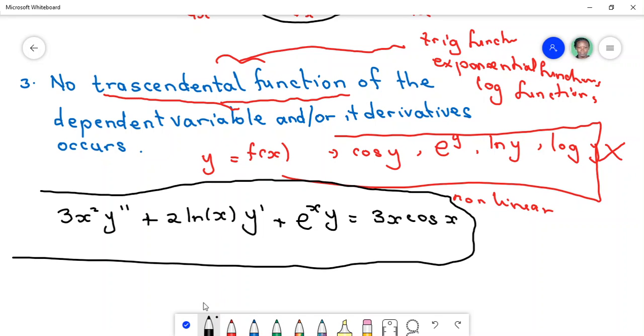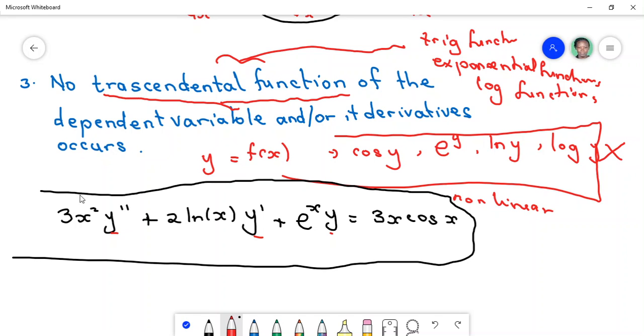All the dependent variable and its derivatives should be in the first degree. This is a derivative, and this is the dependent function. Is it in the first degree? Yes, correct. Do we have the dependent variable multiplying a derivative?